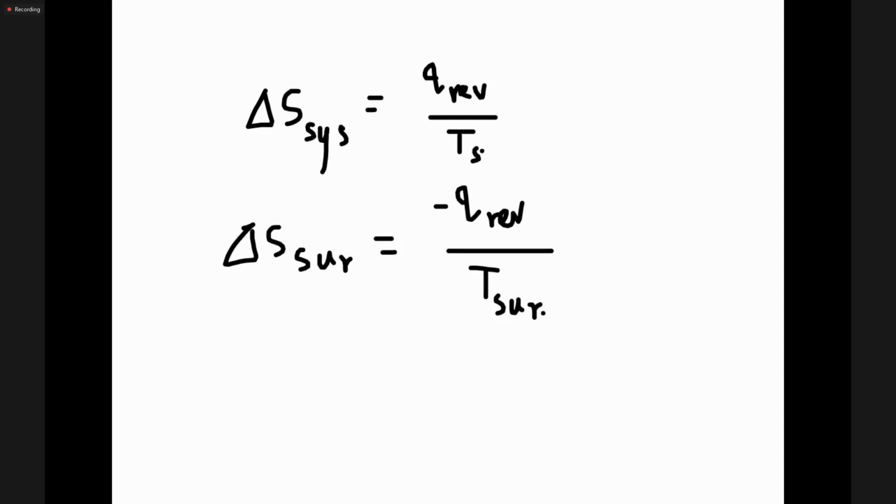This is T of the system. And as you know, the system was hotter and the surroundings were colder. So T system is greater than T surroundings.